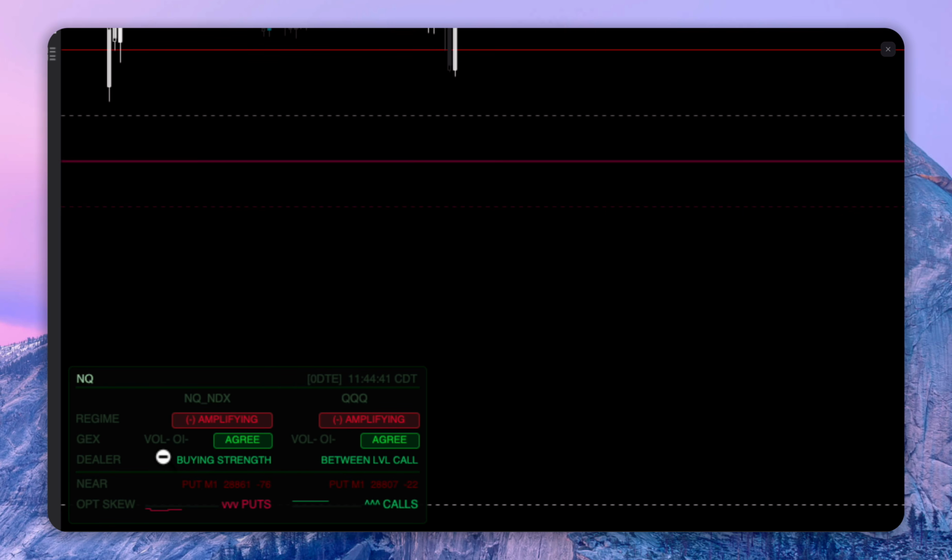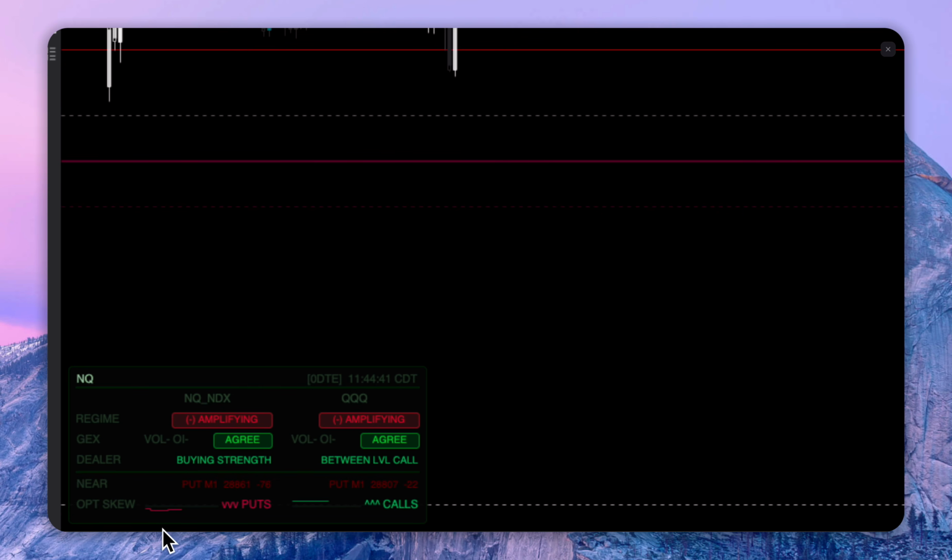These are hard-coded deterministic rules, based on what price is doing, what type of level, things like that. Also, there's a row for which Gex level is the closest to price. It tells you, for NQ, your major one put level is about 76 points away. And for the major put level for QQQ, you're about 22 points away.